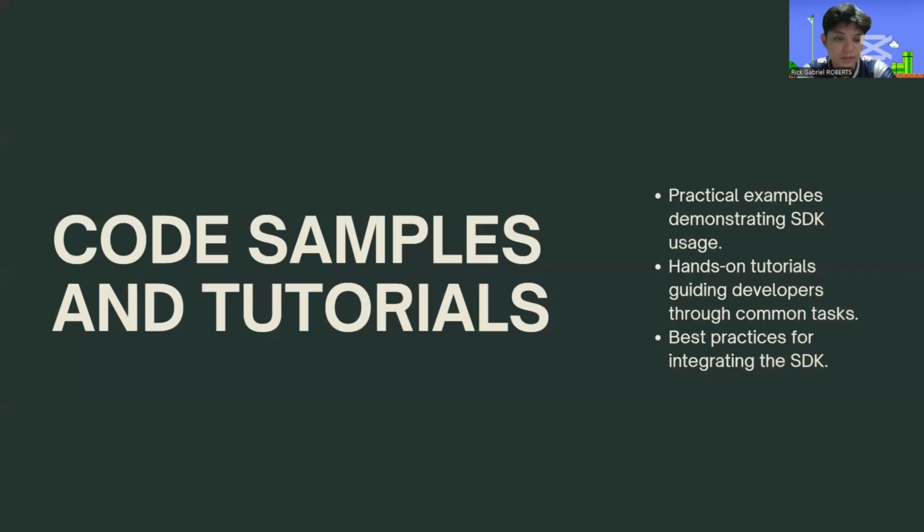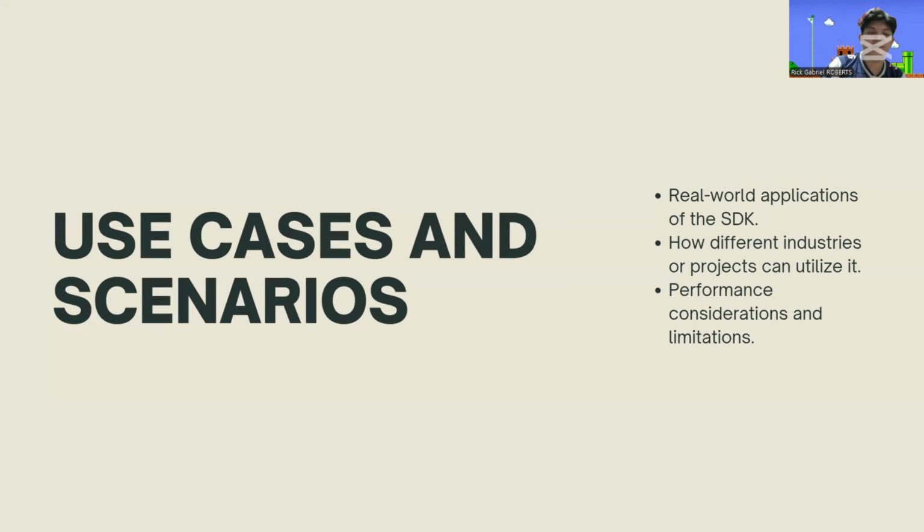Now, the code samples and tutorials offer hands-on learning materials to help developers understand how to implement the SDK in their project. It includes practical examples or ready-to-use code snippets that demonstrate common SDK tasks, step-by-step tutorials, and best practices or tips on writing efficient, secure, and optimized code when using the SDK.